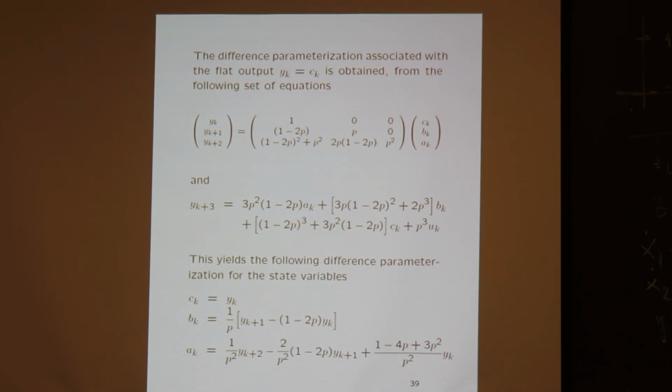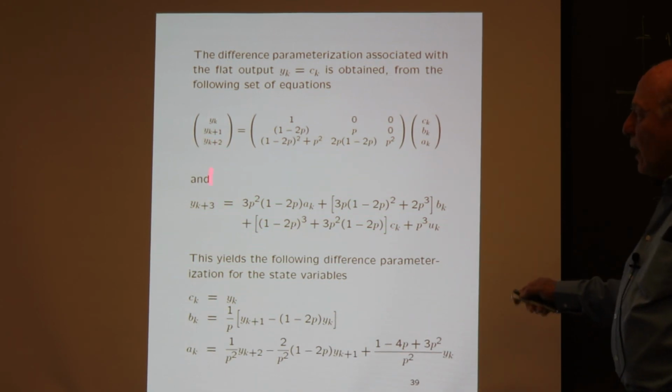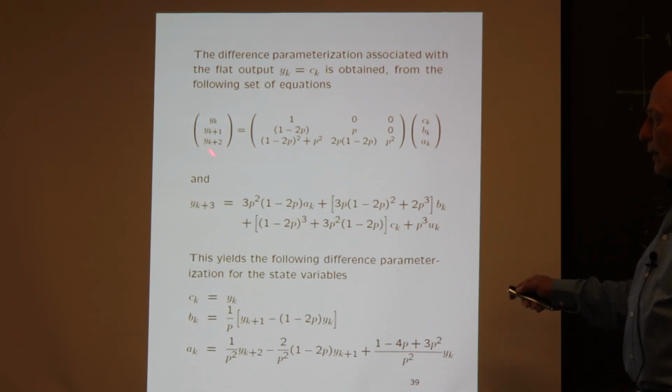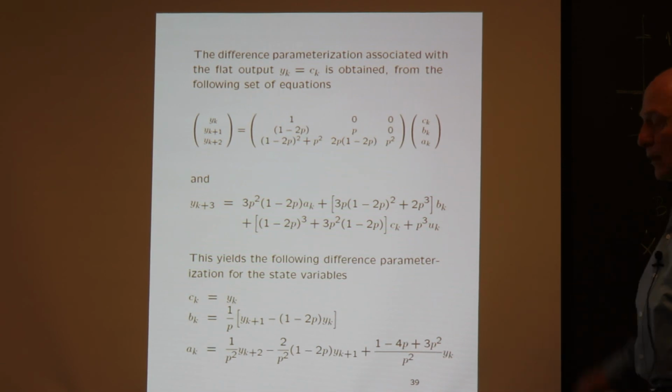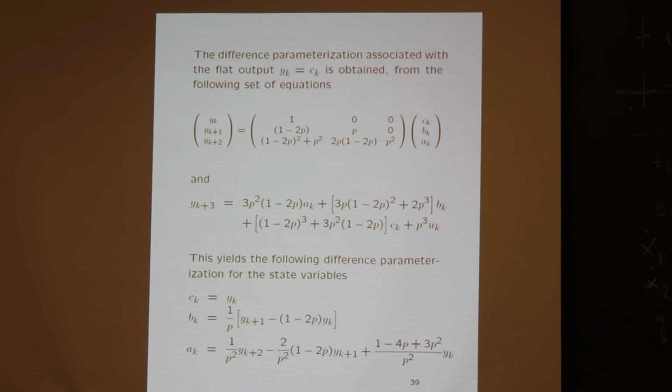You get this relation from the equations. So the next value of the flat output will be related to the control input. So this is the input-output dynamics in terms of the state.